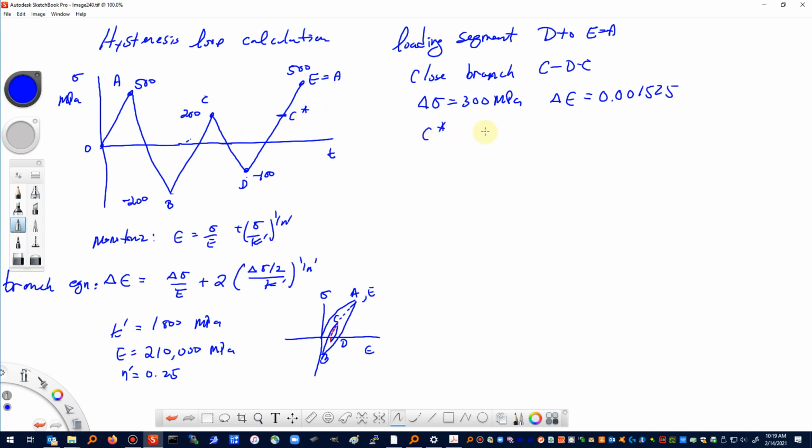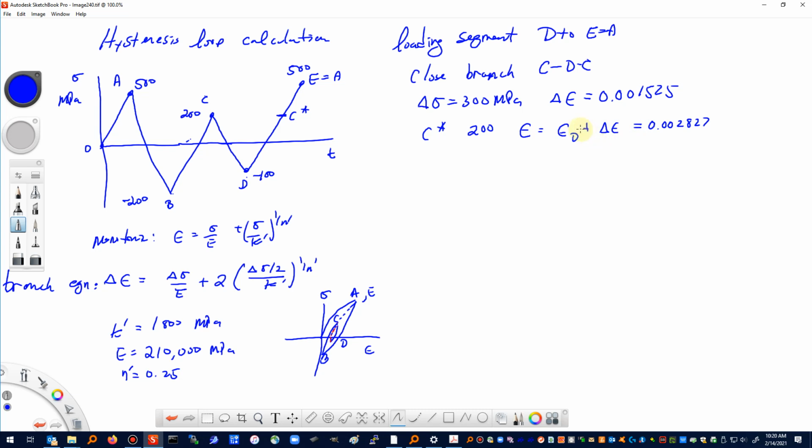C star has a stress level of 200, and it's going to have a strain value of epsilon D minus this delta epsilon that we just calculated. So we're at 0.002827, and it's actually going to increase.